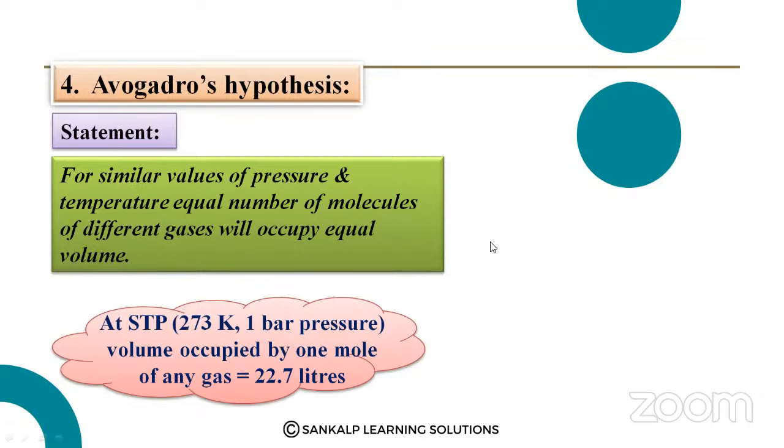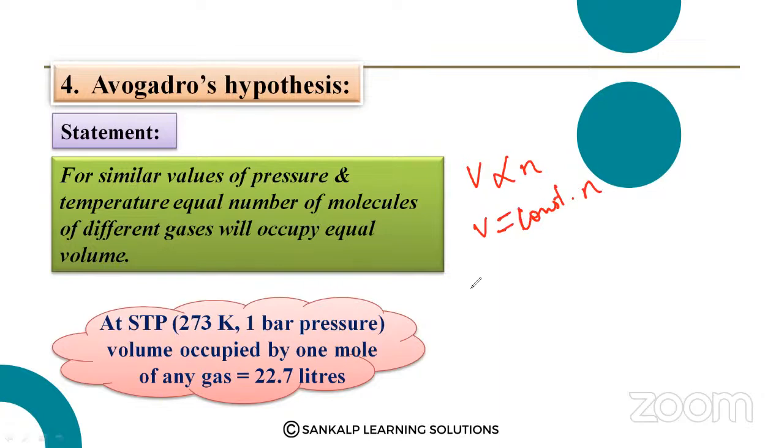Here pressure and temperature are kept constant, so volume is directly proportional to the amount of gas. If you remove the proportionality sign, it will be a constant times n; you can take the constant as k.